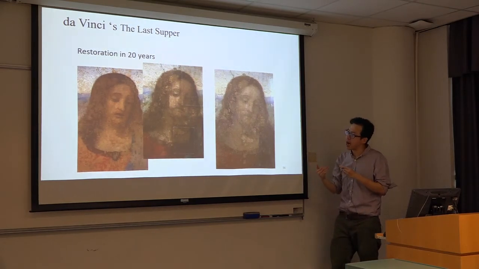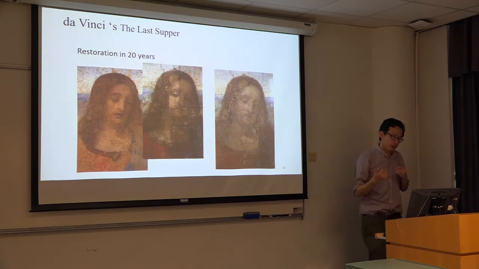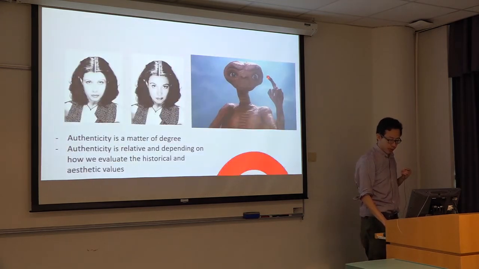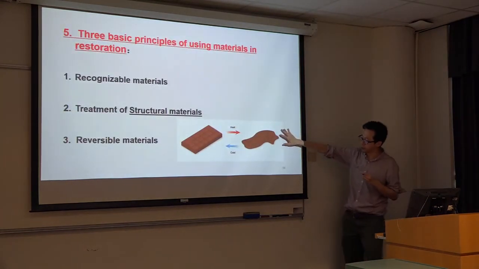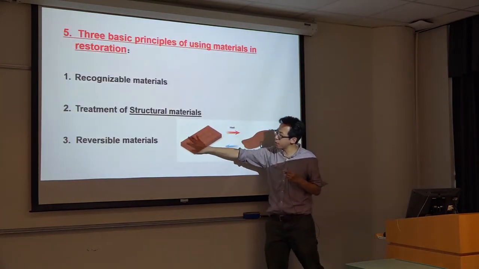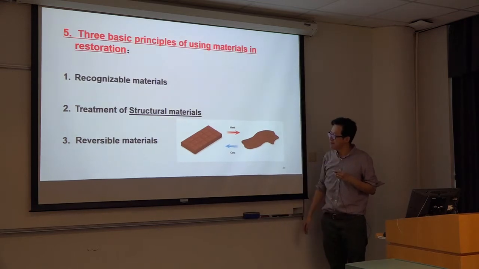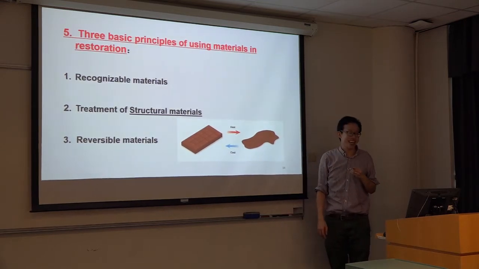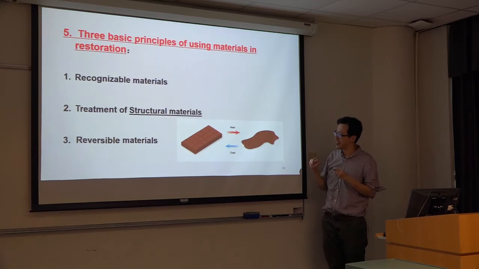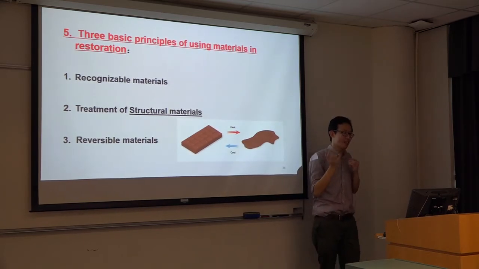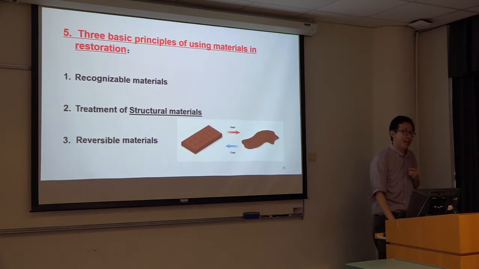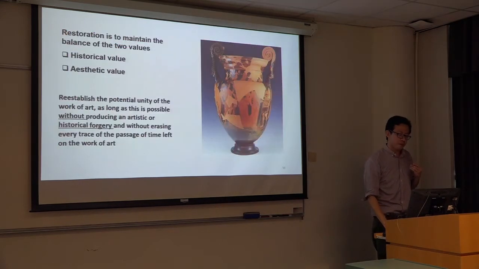I want to use this as an illustration: reversible is just like a piece of chocolate. When you freeze it, it is solid, but when you melt it you just get liquid. So things have to be removable in the future.